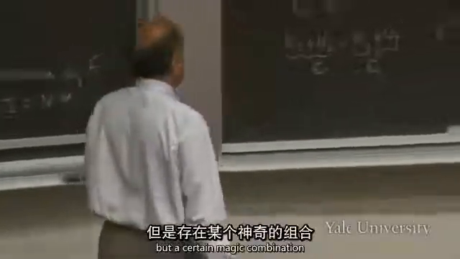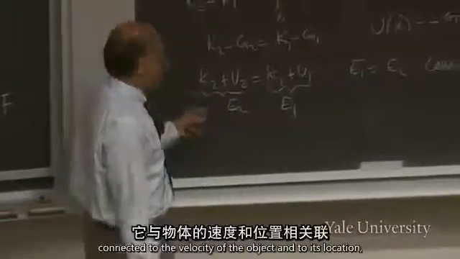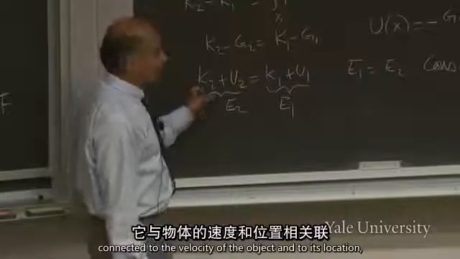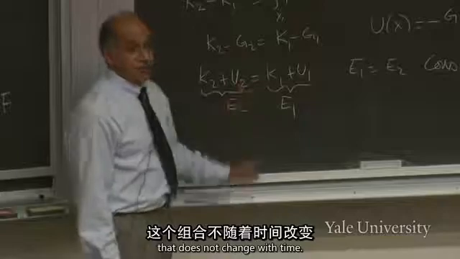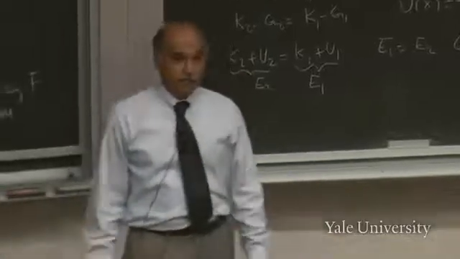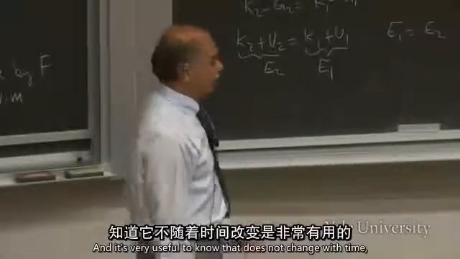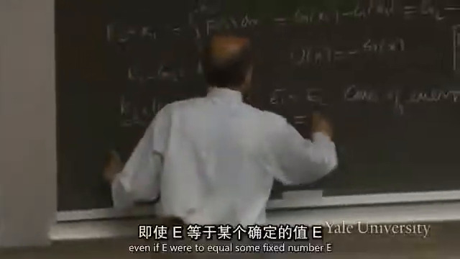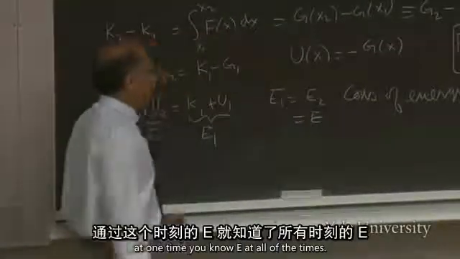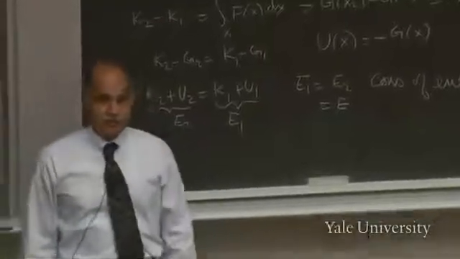But a certain magic combination connected to the velocity of the object and to its location, u depends on x, does not change with time. And it's very useful to know that, because if you knew the value of E, E1 equal to E2 equal to some fixed number E at one time, you know E at all other times.